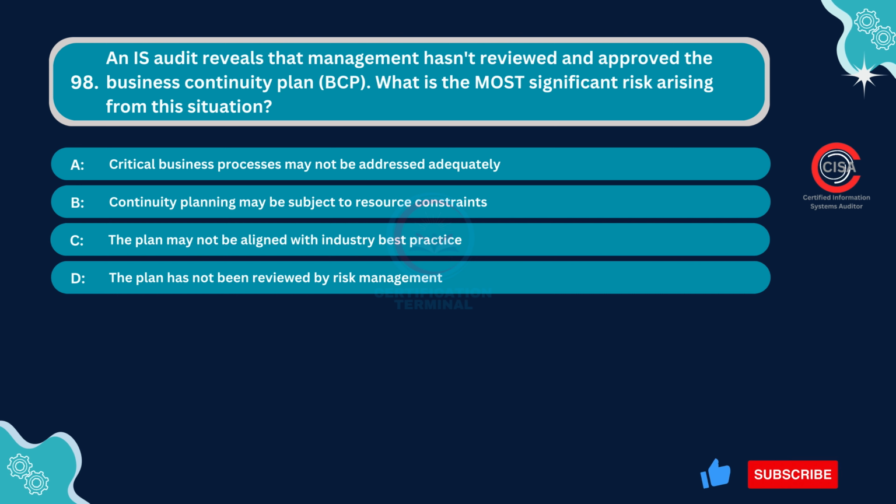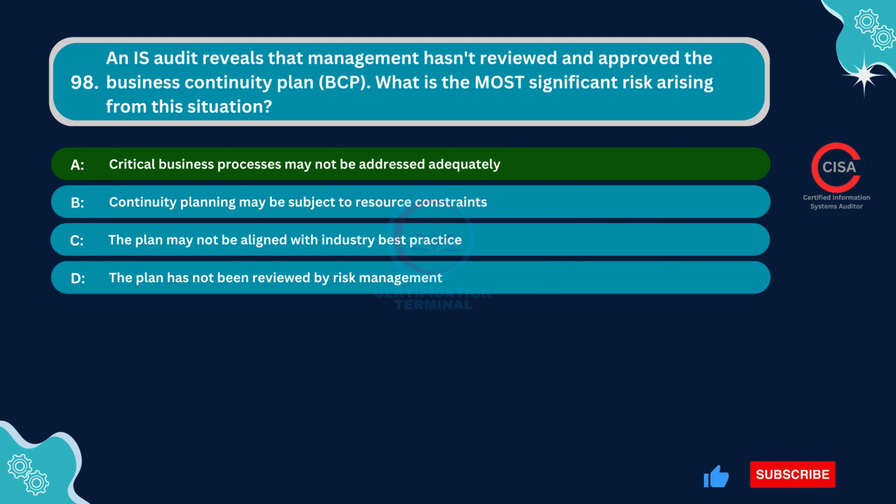The correct answer is Option A, critical business processes may not be addressed adequately. Management review and approval signify their understanding and commitment to the BCP. Without this involvement, critical business processes might be overlooked or inadequately addressed in the plan. This could lead to a situation where the BCP fails to ensure the recovery of essential functions in the event of a disruption.